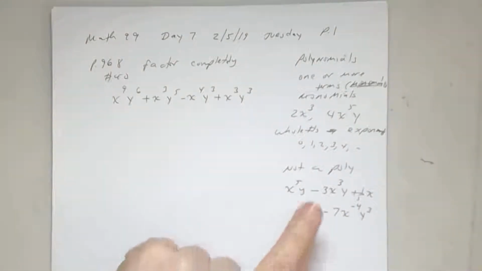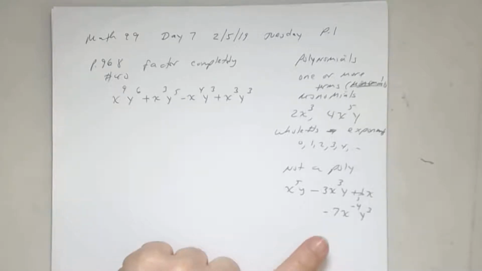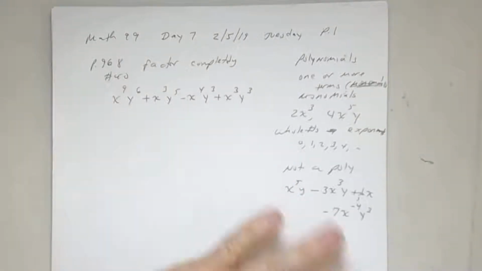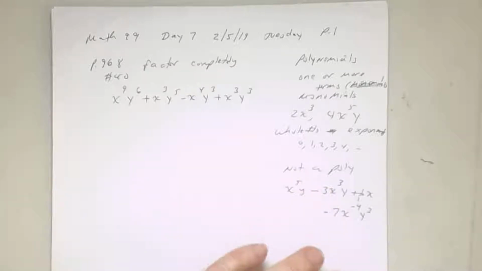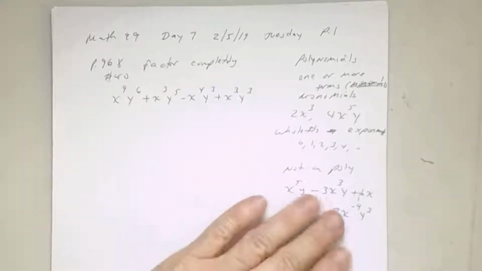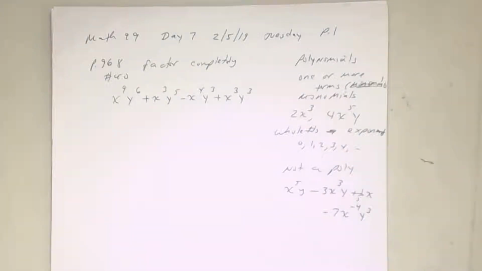This expression right here has how many terms? 4 again. What term here makes it not a polynomial? 7x to the negative 4, the last one. What part of the last one makes this not a polynomial? The negative 4, because negative 4 is not a whole number. Your whole numbers are 0, 1, 2, 3, and so on.